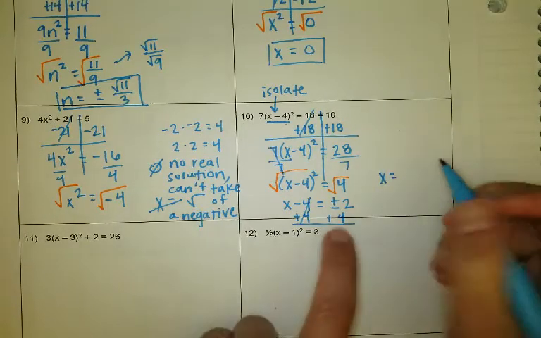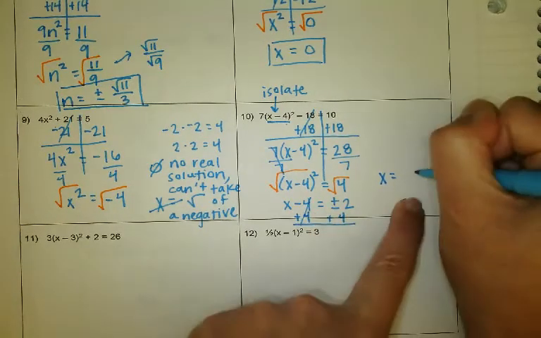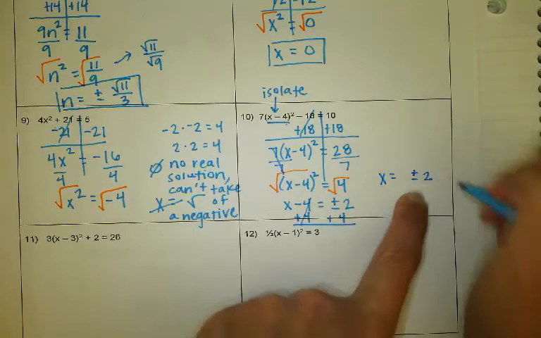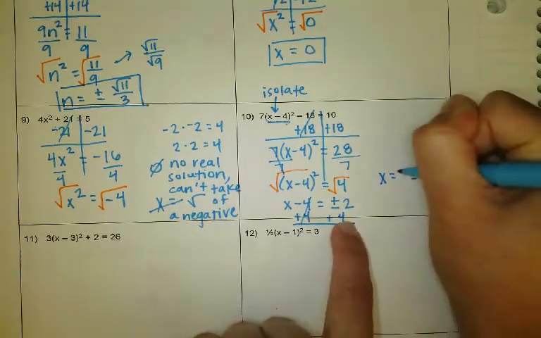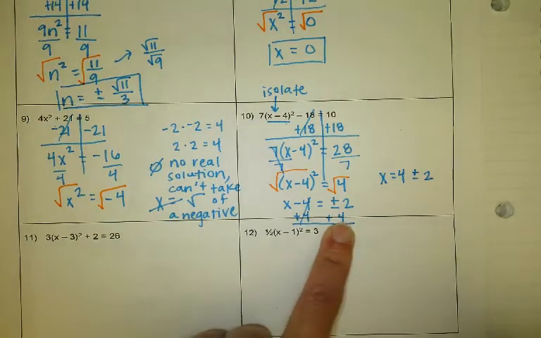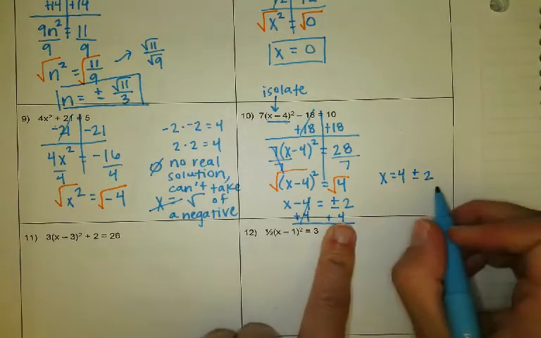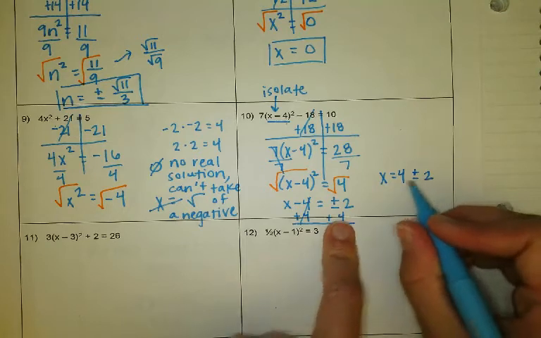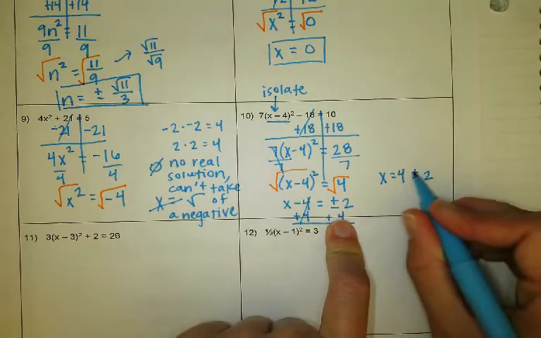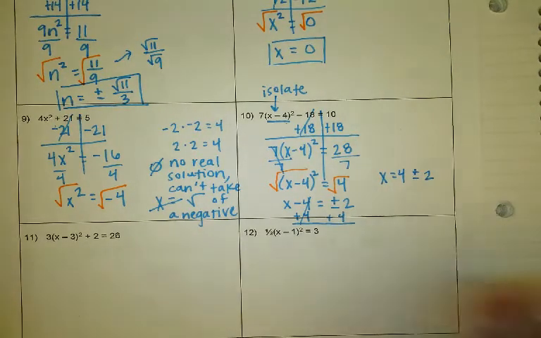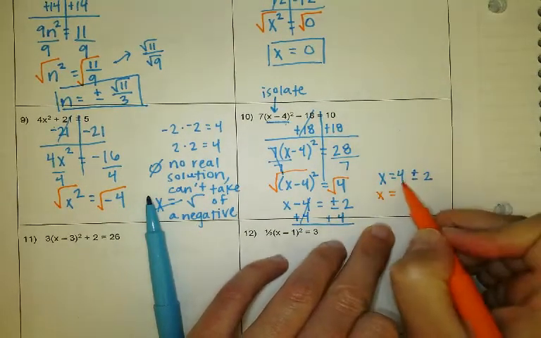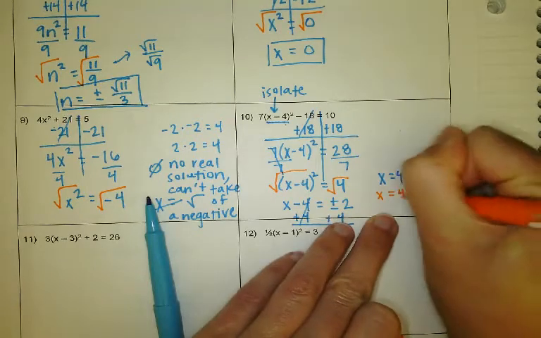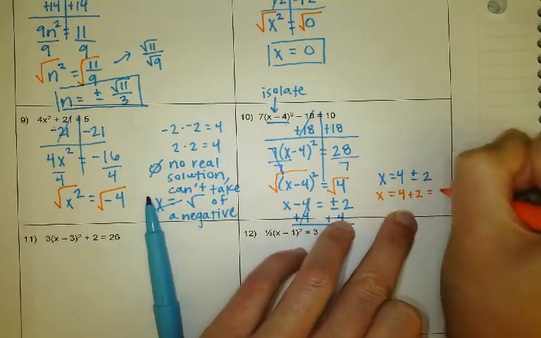The general way to write this is to keep the plus or minus 2 at the end, and to put this 4 first. So we can actually figure out the two answers. They're not going to be the same number here. We're going to have to use the plus and the minus sign. So one answer is saying that we want to do 4 plus 2, which is 6.